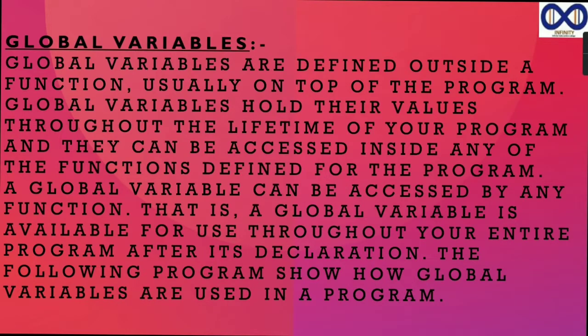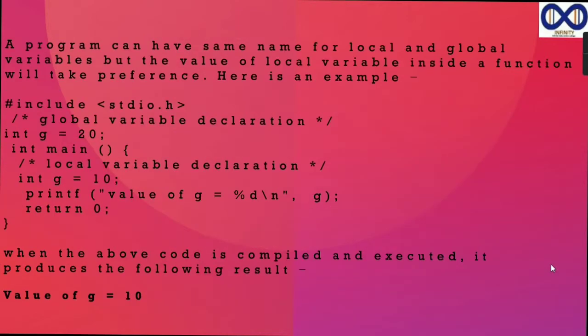A global variable can be accessed by any function. That is, a global variable is available for use throughout your entire program after its declaration. The following program shows how global variables are used in a program. And this is the program.